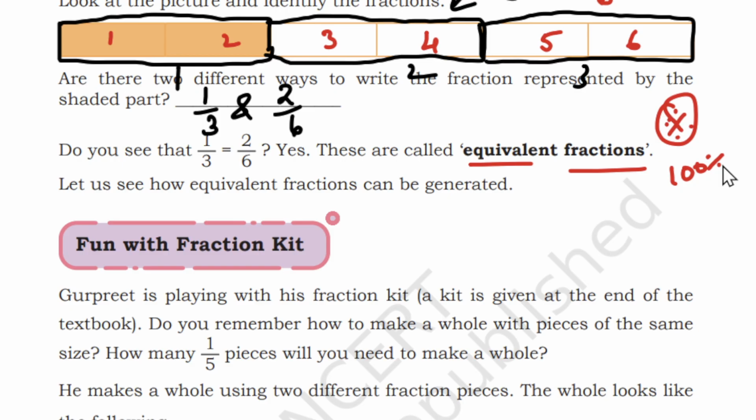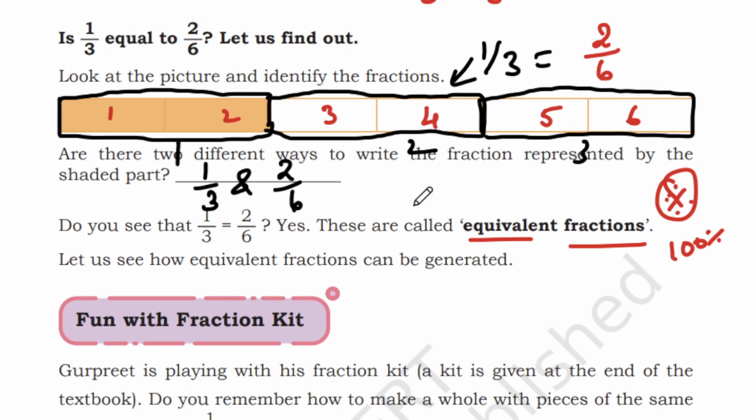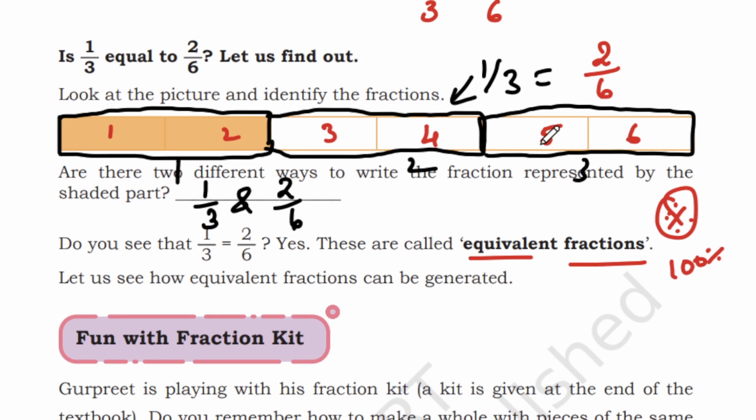Okay. So let me explain one more time. So this full, we have 6 parts, 1, 2, 3, 4, 5, 6, in which 2 parts are shaded. So that is 2 by 6. And we split this again in 3 parts. So this is the first part, second part and third part.